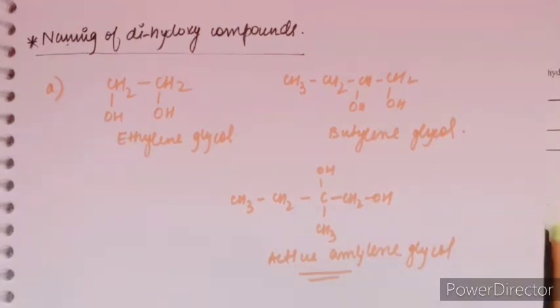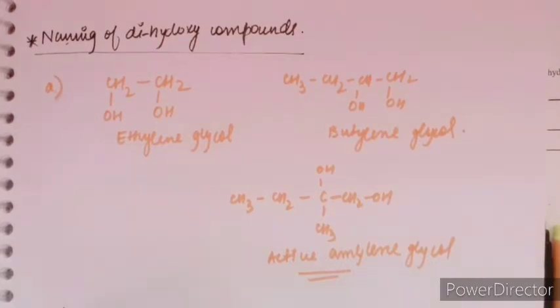Now the second rule is, when two OH groups are attached at the two ends of the carbon chain, these compounds are named as polymethylene glycol. So the example is CH2, CH2, CH2 and CH2.